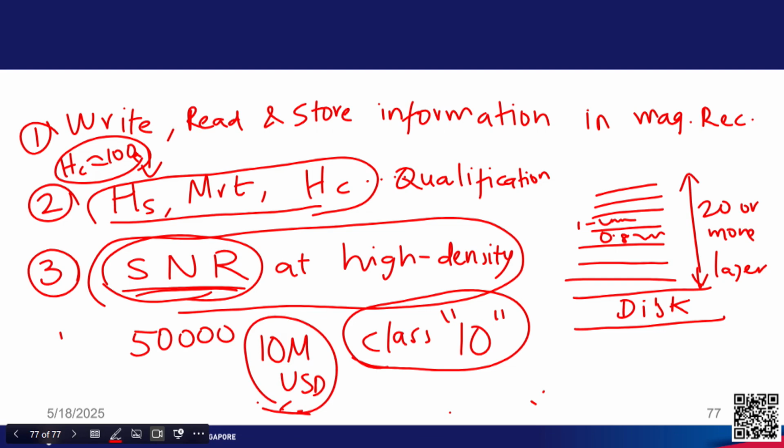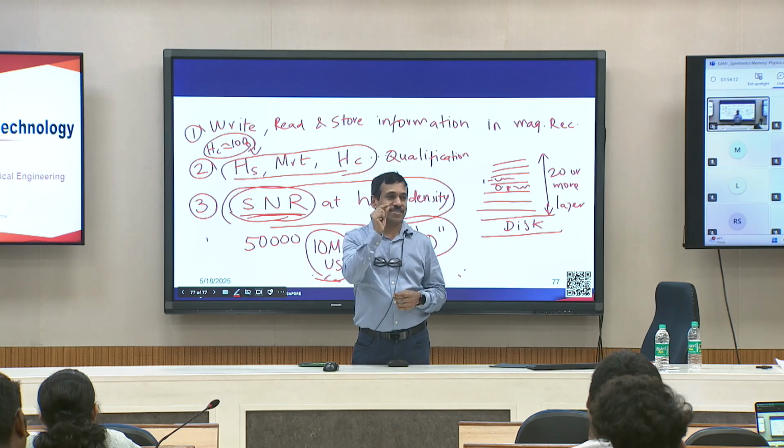Okay. So, people spend so much money, so much technology to make the hard disk drive. So, when you buy a hard disk drive, you do not realize the sophistication that goes in achieving this particular technology. Okay. So, after doing all this, do you know what is the price in which one disk is sold for?